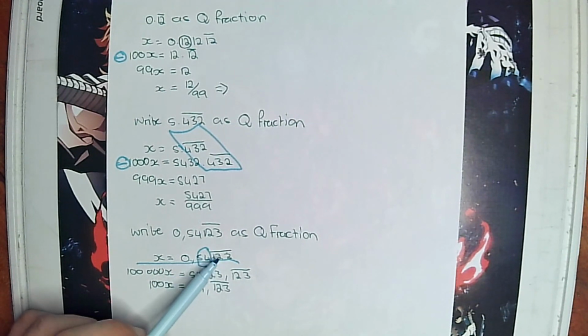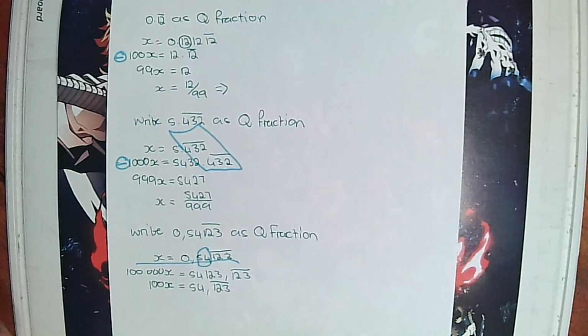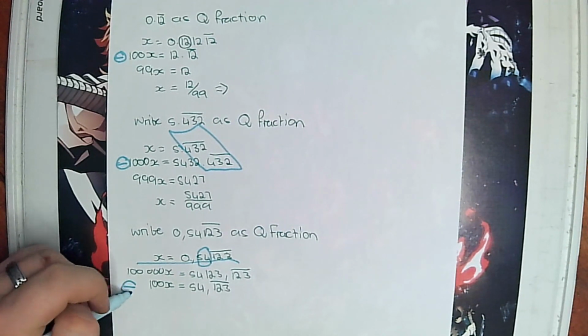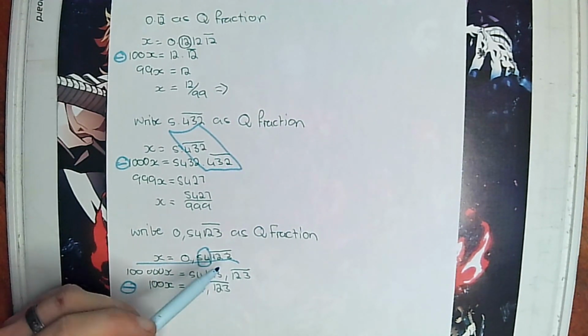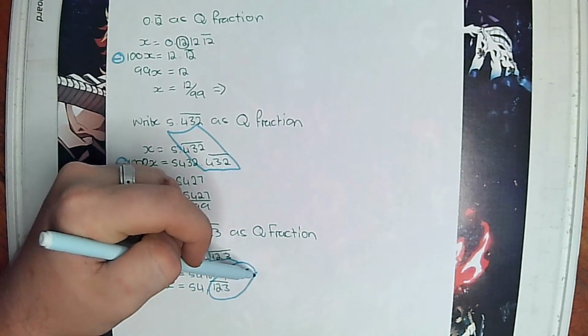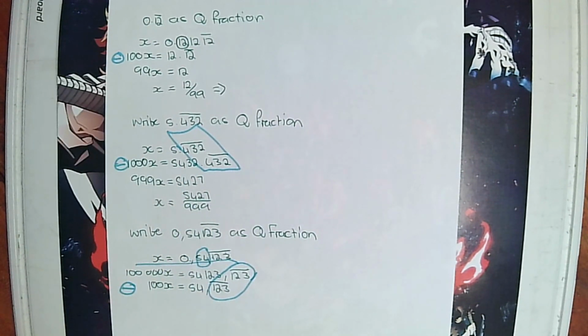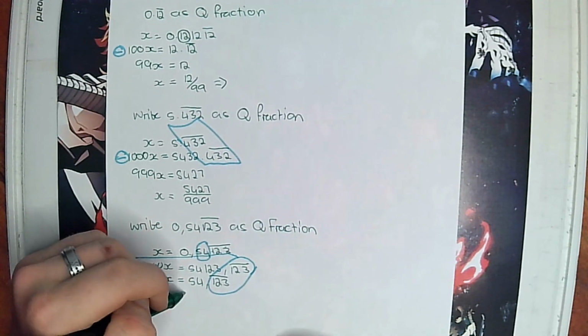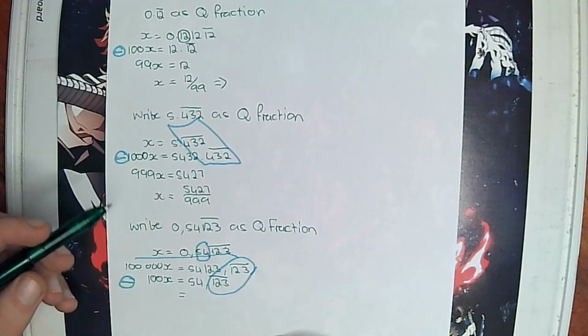So then all I have to do is subtract these two, because I've isolated the 123, which is all I really want to do, so that I can get rid of it. And now that I've done it, it becomes quick maths. So 100,000 minus 100 becomes 99,900.